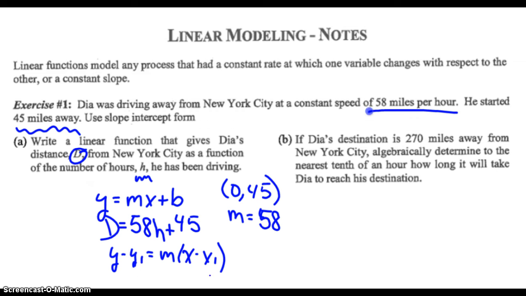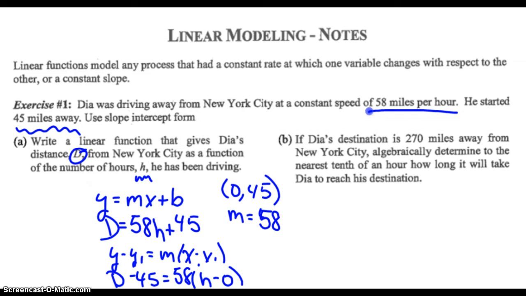The 0 goes with the x, the 45 goes over here. The 58 is still the slope. And remember to use d, and, excuse me, again, use h here. And the big D over there. And you can see that that will end up looking exactly the same.